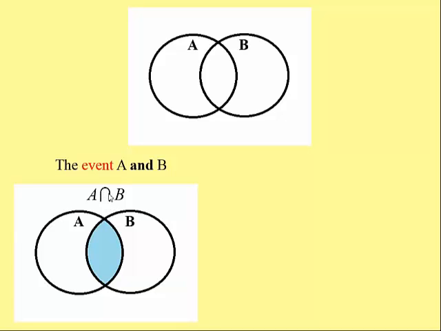If you look at the symbol for intersection, it kind of looks like an A without the line across the middle. So A and B, or A intersect B. That's where the two overlap.